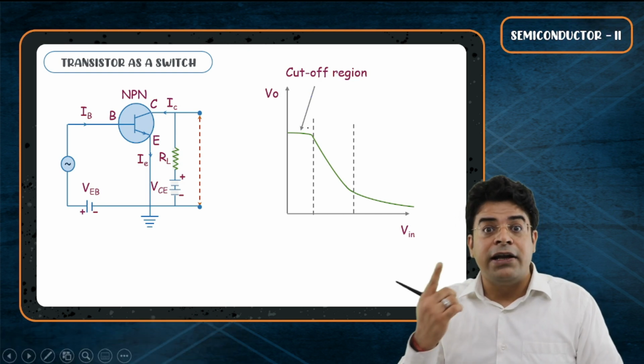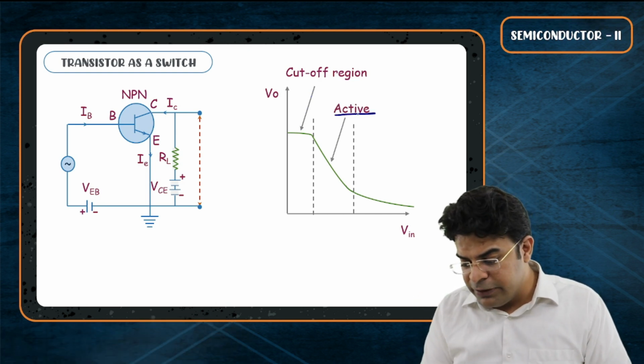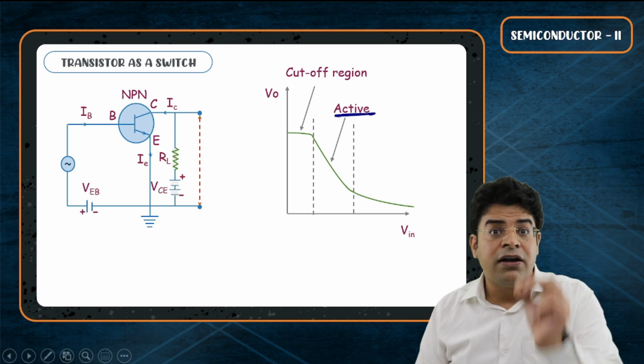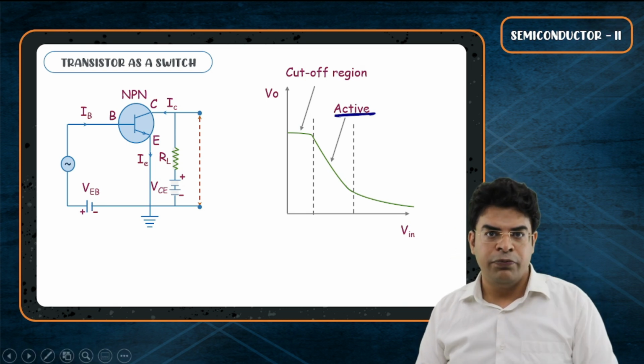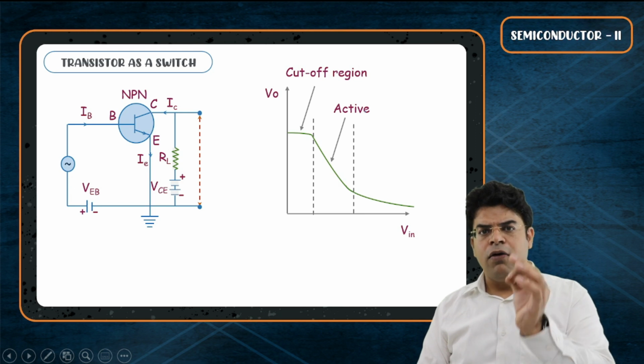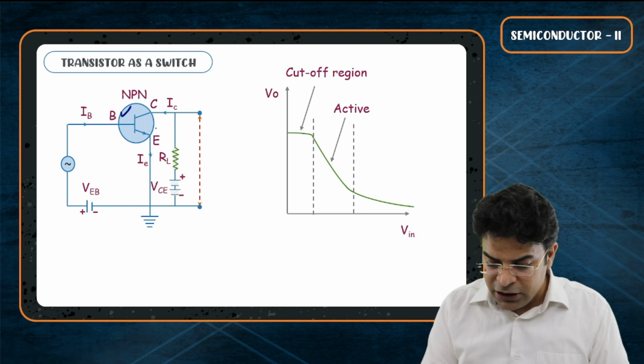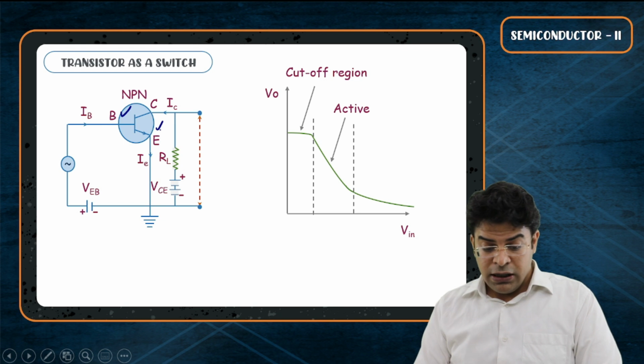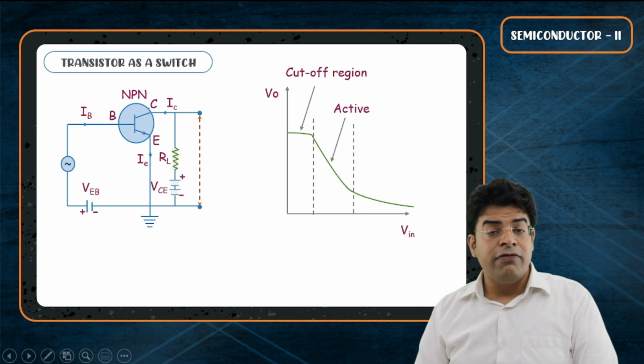Then comes the active region. Active region means the region in which a transistor is designed to work. For the proper working of a transistor, the base emitter junction should be forward biased and the base collector junction should be reverse biased.